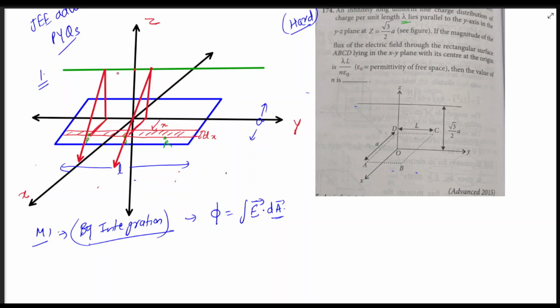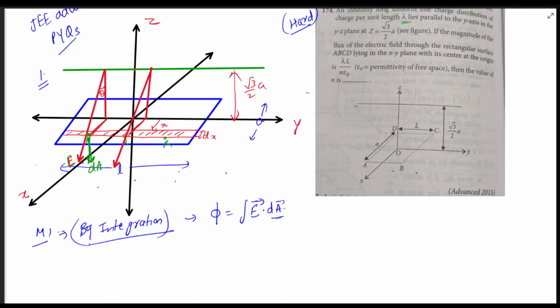This is x, and this length we have been given, it is root 3 by 2. Let's say this is an angle theta. Now look, the area vector at P must be downward. So this is the area vector and this is the electric field in red.